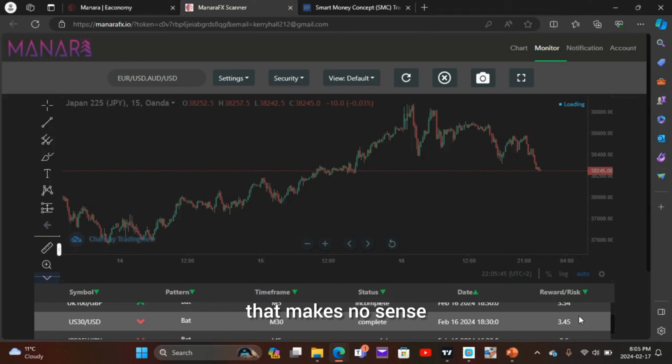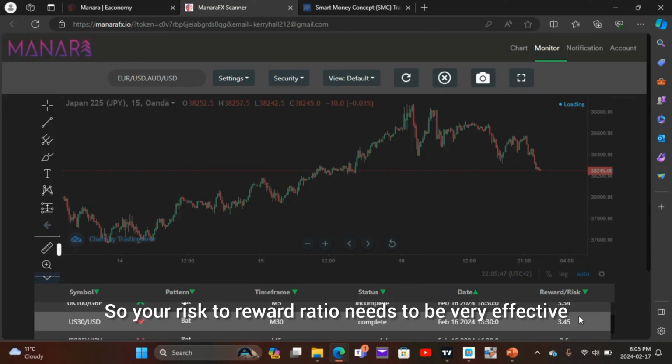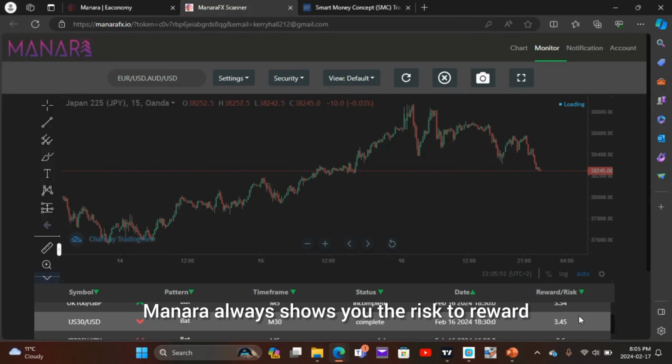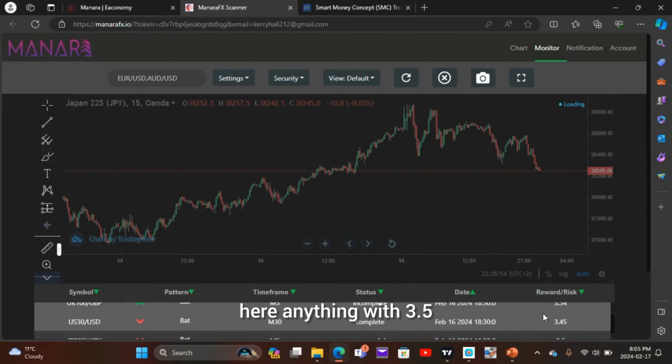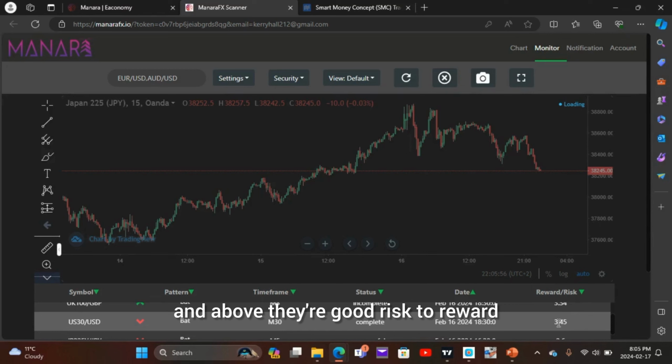That makes no sense. So your risk to reward ratio needs to be very effective. Manara always shows you the risk to reward here. Anything with 3.5 and above, they're good risk to reward. Sometimes you may have trades like this, which is 3.45. It's still not bad. As long as it's 3 and upward, then that's fine. You can enter that trade.